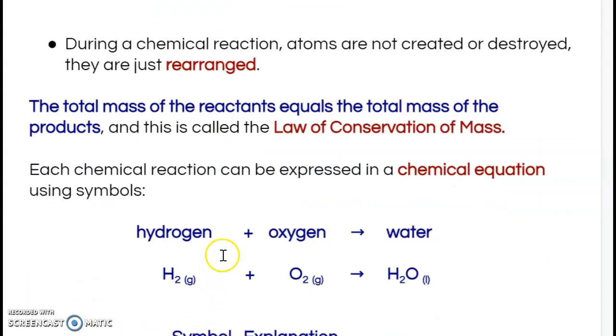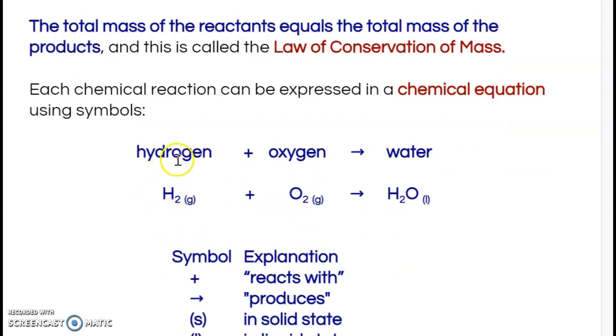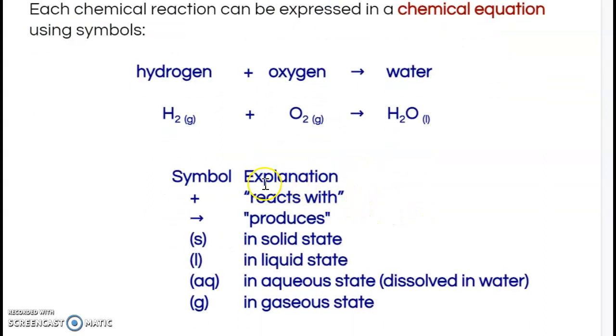Each chemical reaction can be expressed in a chemical equation using symbols. Hydrogen, H2, plus oxygen, O2, produces water, H2O. These are some symbols that you are going to be using quite a bit throughout the rest of the week. Plus means reacts with, so hydrogen reacts with oxygen. The arrow means produces, it's almost the equal sign.